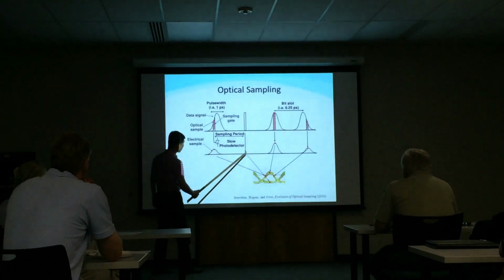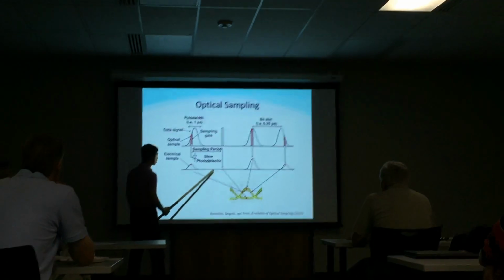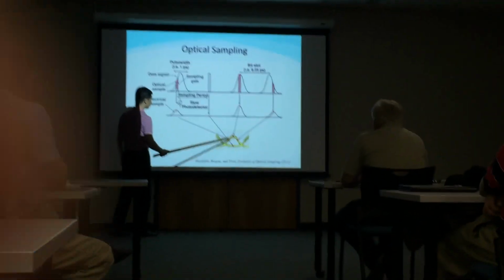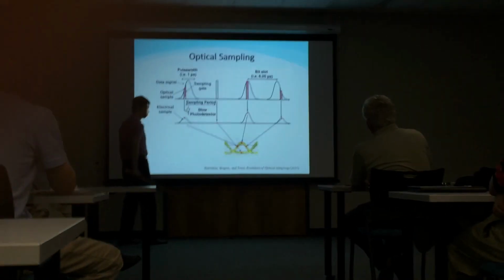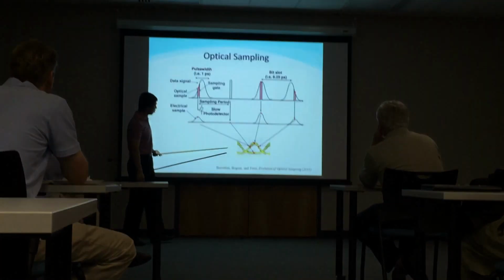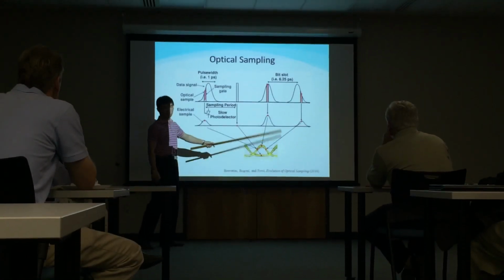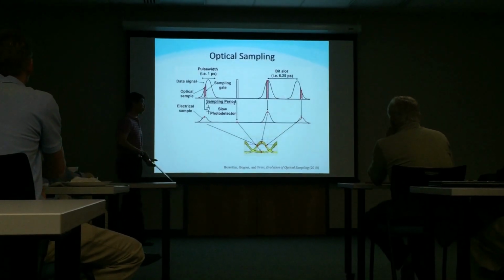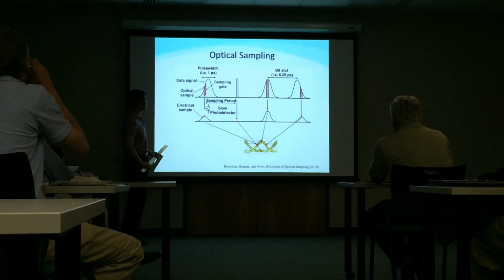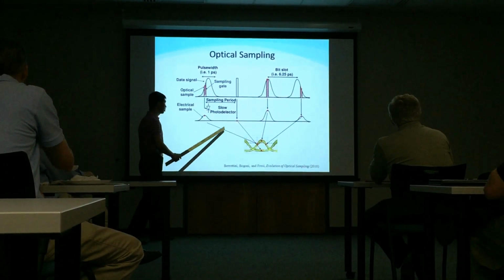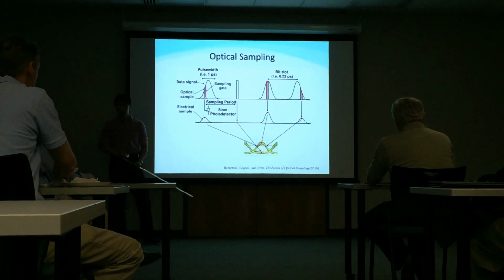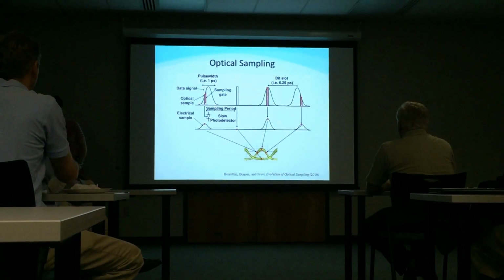So if you use a slow detector to collectively probe over many periods, overall you get something like an eye diagram that I'm sure a lot of you are familiar with. So this is just the basic concept of optical sampling.